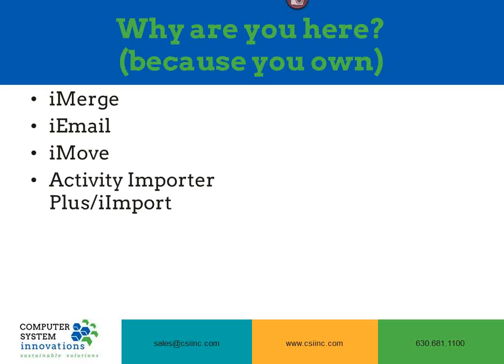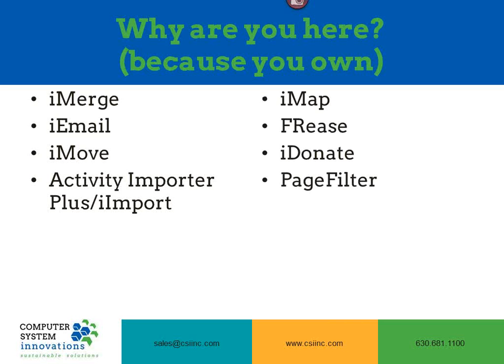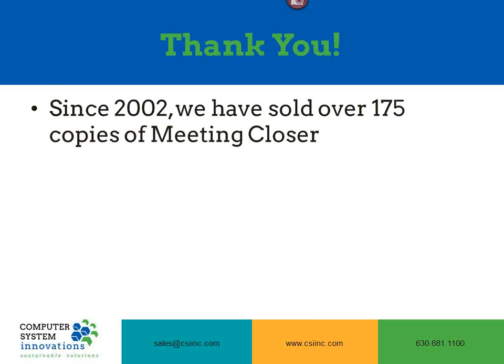Our importer and updater tool for activities, IMAP, our geolocation tool, our fundraising editor, Freeze, our online donation page, page filter for changing RISE pages, our newest documentation product, or most probably Meeting Closer, which I know should probably be called Event Closer, but that's neither here nor there.